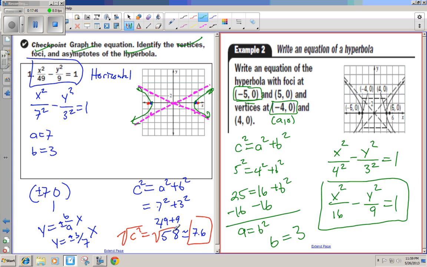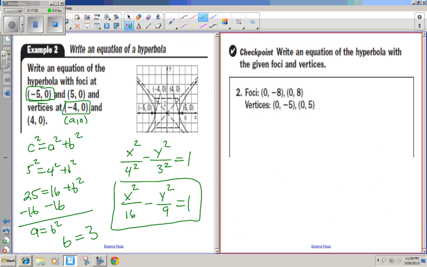And again, we're going to do some more checkpoints here, and we'll have lots of problems to do in class. Write an equation of this hyperbola. All right. The vertex is always 0, a. The foci is always the distance, which is c. So all I have to do, c squared equals a squared plus b squared.